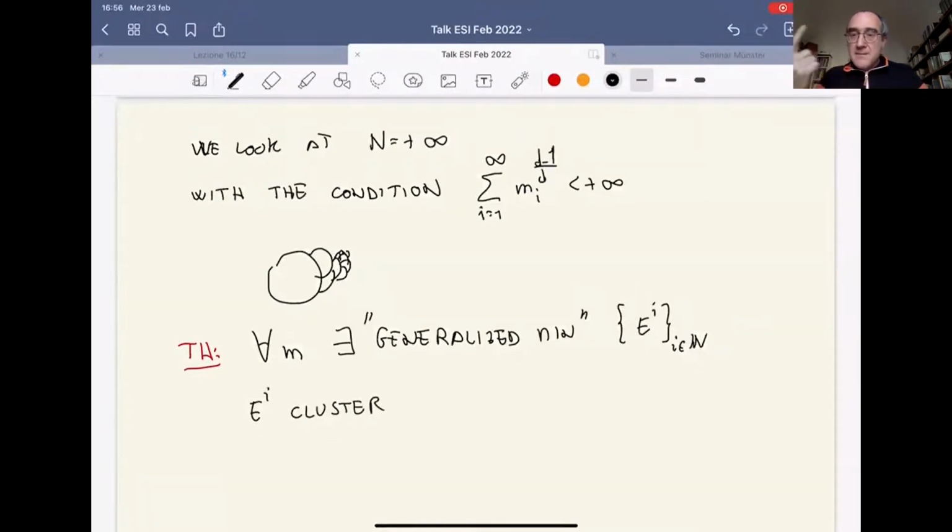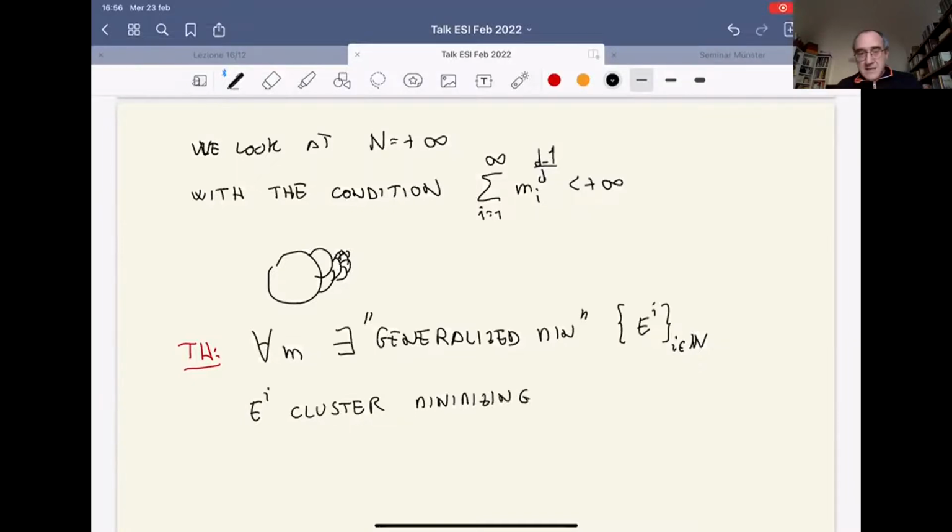So I don't have a minimal cluster, but I have a set of possibly countably many minimal clusters, each one with possibly infinitely many chambers, and each E_i a minimizing cluster.